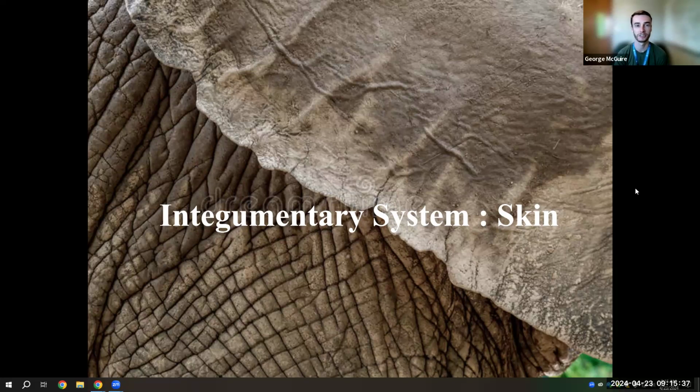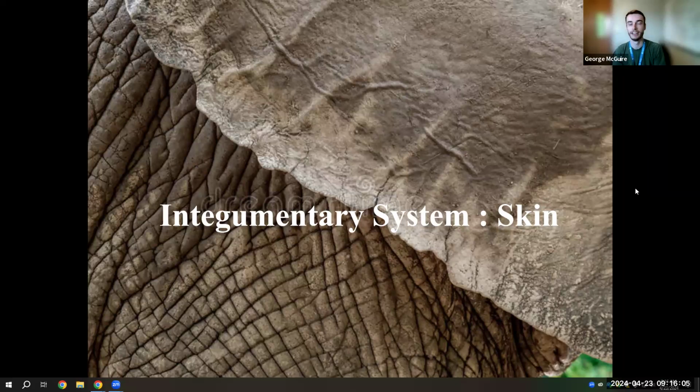So this week, we're moving on to our first chapter of Unit 2, our first chapter focusing on one specific system or particular tissue types, which is going to be the integumentary system, which is mostly composed of our skin. But as well as our skin, we have the connective layers underneath what is our cutaneous membrane, which is what is actually our skin, which is mainly epidermis, so mainly epithelial tissue.